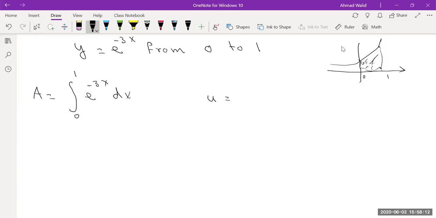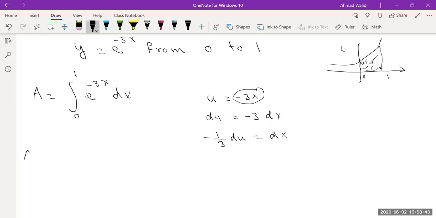Your u is negative 3x. Then du equals negative 3 dx. And if you solve for dx, negative 1/3 of du equals dx. Wow. You have all pieces of substitution. You replace your negative 3x with u, you replace 1 dx with negative 1/3 of du.